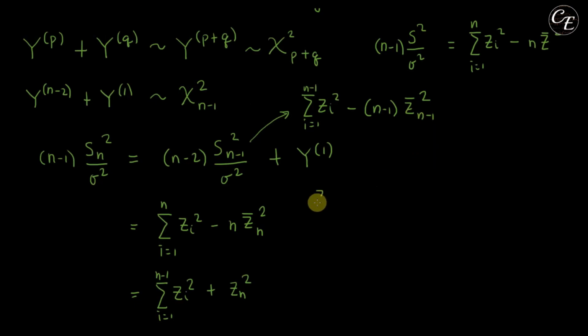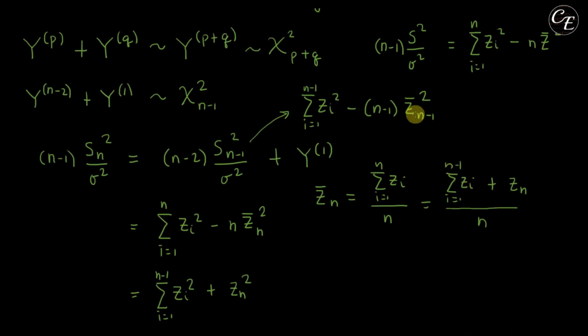So let us do it now. We know that z bar sub n is equal to summation of z sub i from i equals 1 until n, and then over n. And then we can extract the last term in here, similar to this one: summation of z sub i from i equals 1 until n minus 1, then plus z sub n, and then over n. And then we know that z bar sub n minus 1 is equal to this one over n minus 1, because we need here n minus 1 samples only.